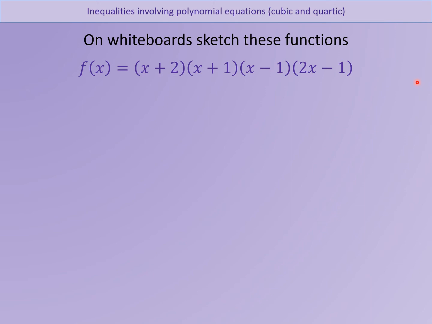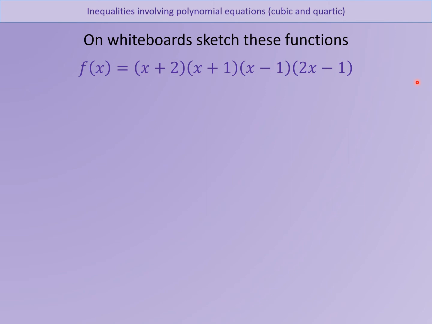Okay, so again, pause the slide while you sketch this graph and then unpause to have a look at your answer. Okay, so this time we've got a quartic graph. That's because the power of x is 4.